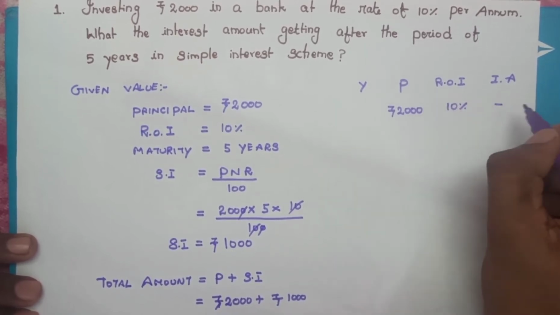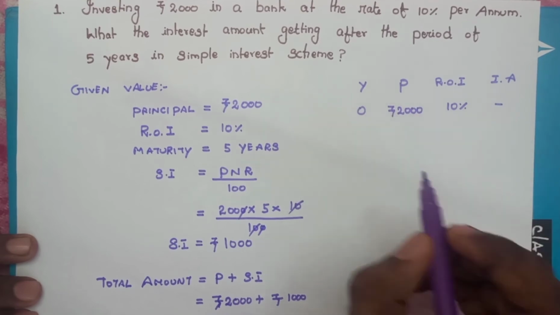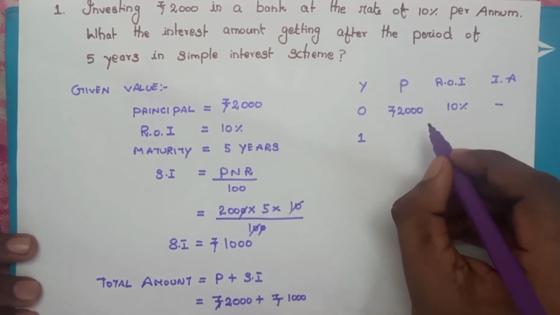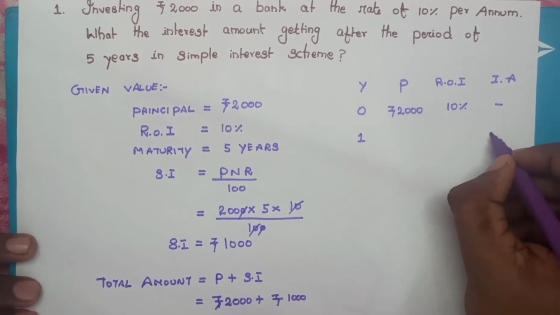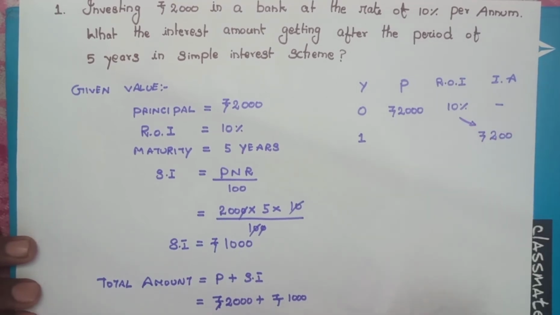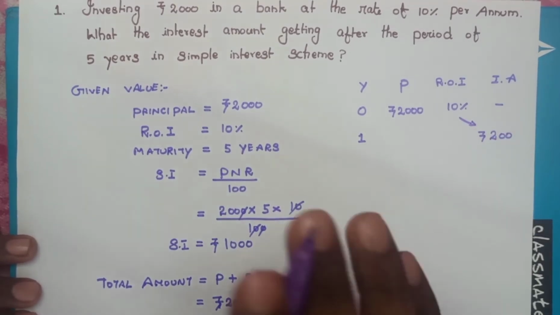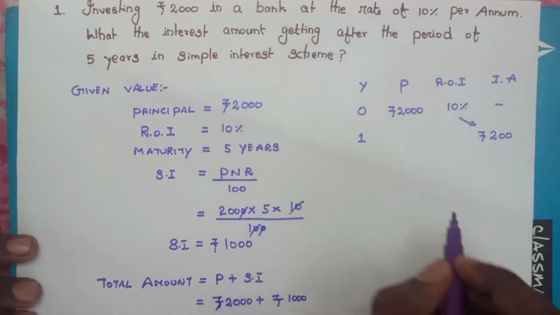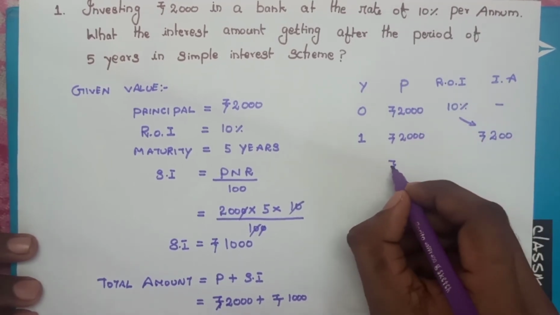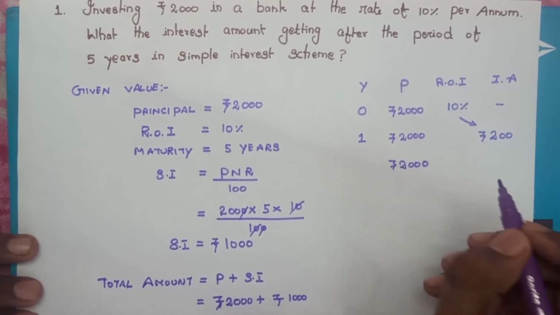In the very first year you wouldn't get any interest amount; you would wait for 1 year to get your interest amount. So 10% of 2000 is 200 rupees, right? In a simple interest scheme, your principal will not change. Your principal is the same for every year, so I will put the same 2000 for every year end.